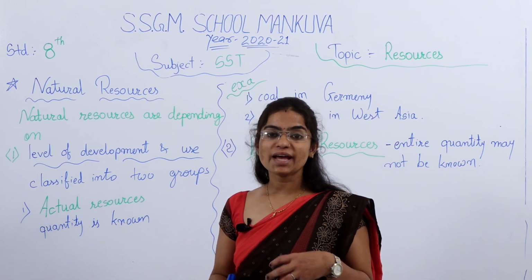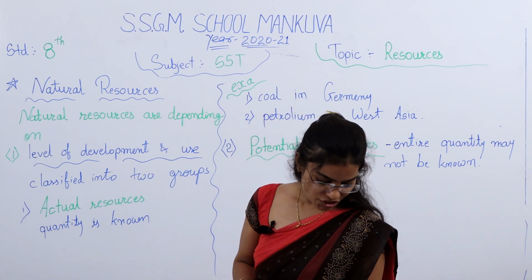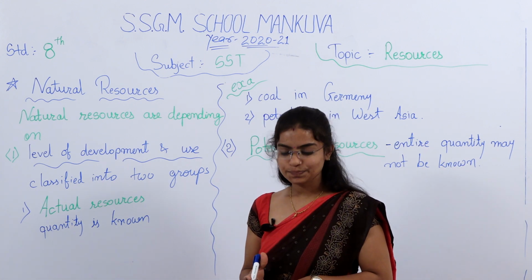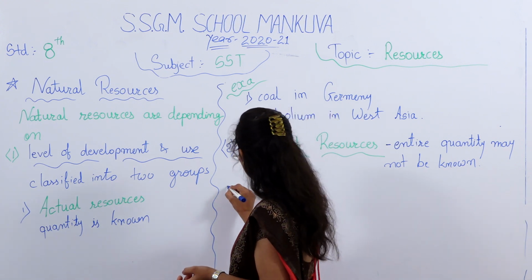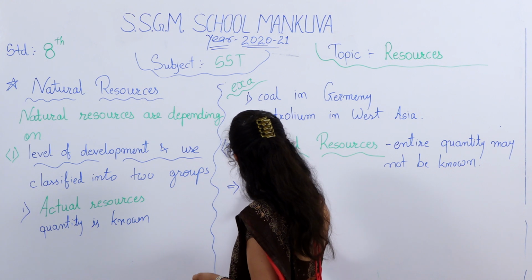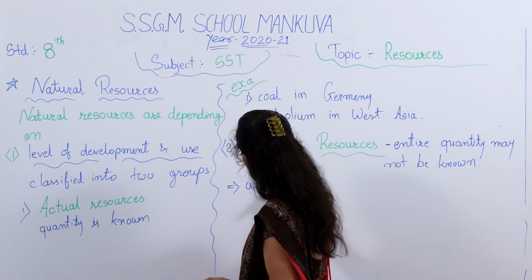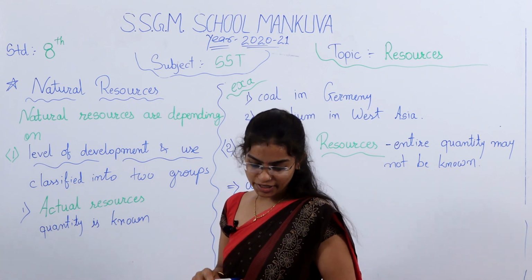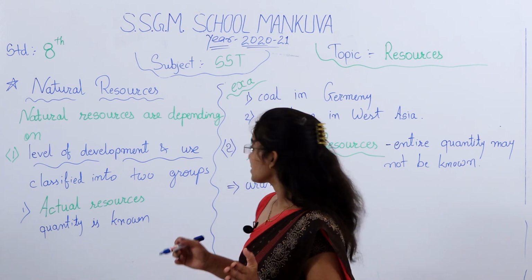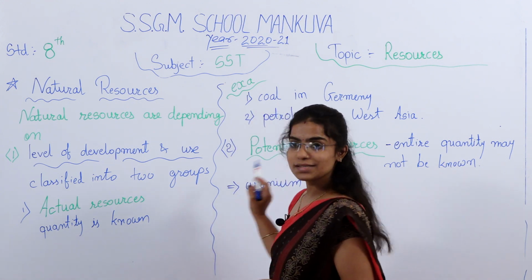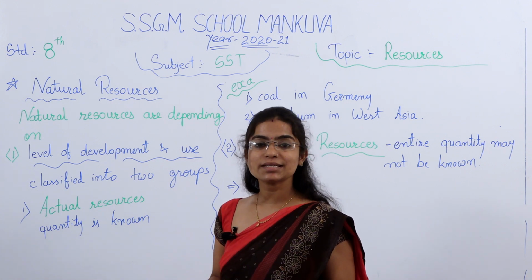Example of potential resources. See guys, the uranium found in Ladakh is an example of potential resources because we don't know its entire quantity.